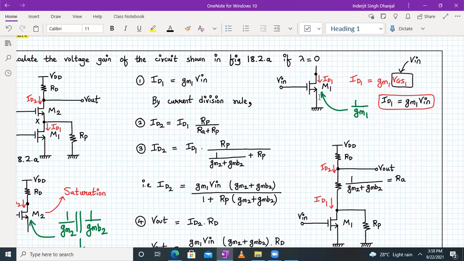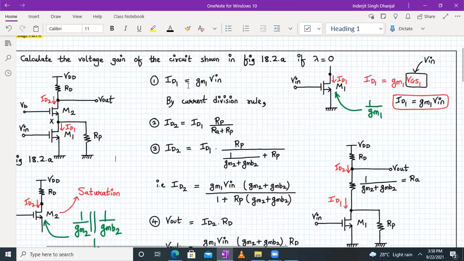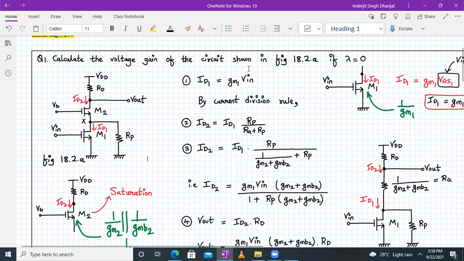We used to write it. So the impedance seen for this current source will be 1 upon GM1. And in this case, our V in is nothing but VGS1, correct? So ID can be written as GM1 into V in. That is step number 1: ID1 in terms of V in is ID1 equal to GM1 into V in.